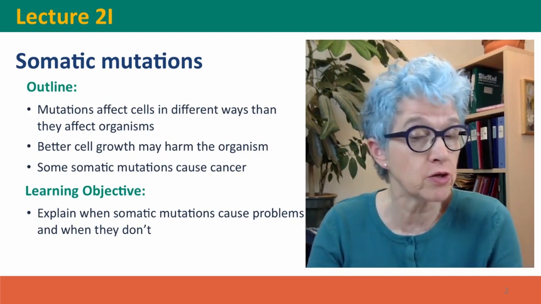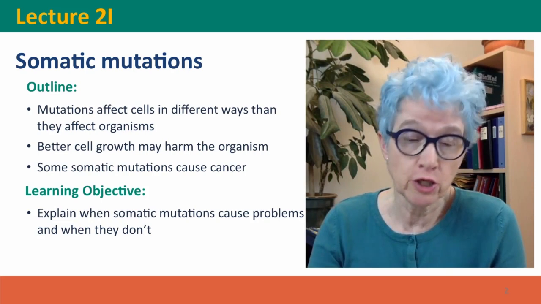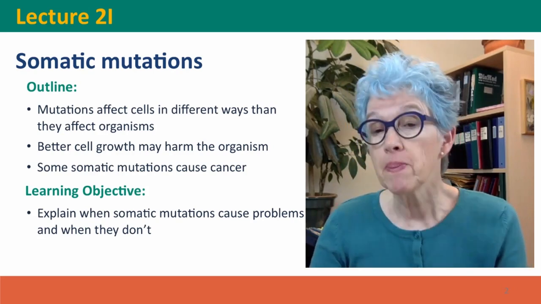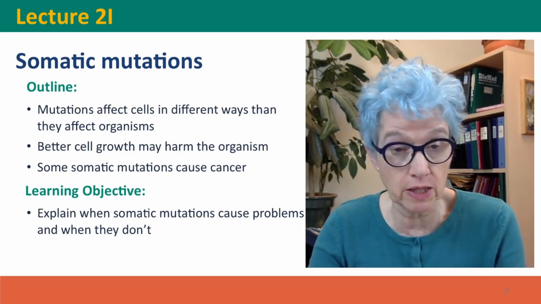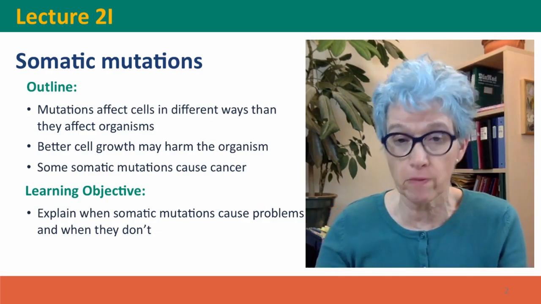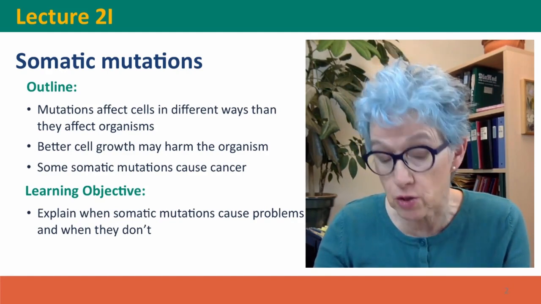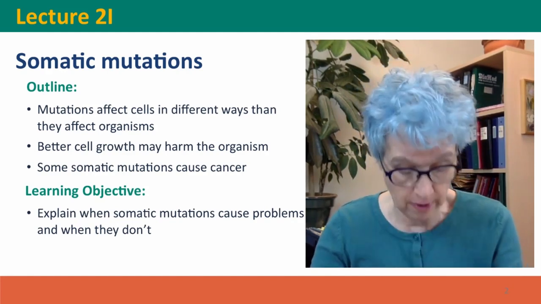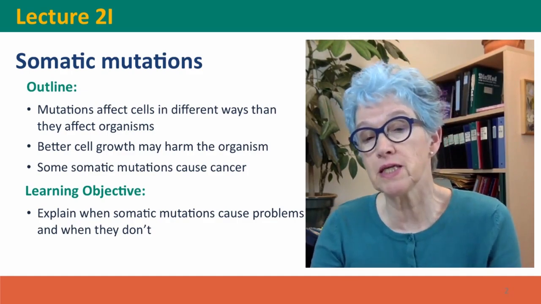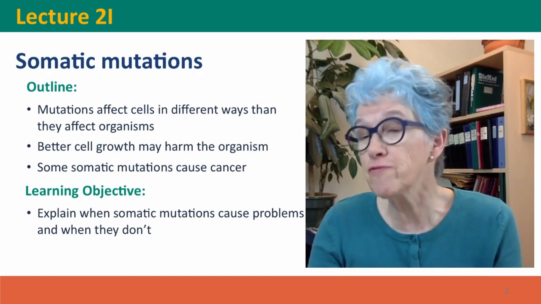In the last lecture, we made the distinction between germline mutations in the cells that become our gametes and are passed on to the next generation, and somatic mutations in all the other cells of our body, which are not passed on, but die when we die. And here we'll be thinking about how mutations in these somatic cells affect us.